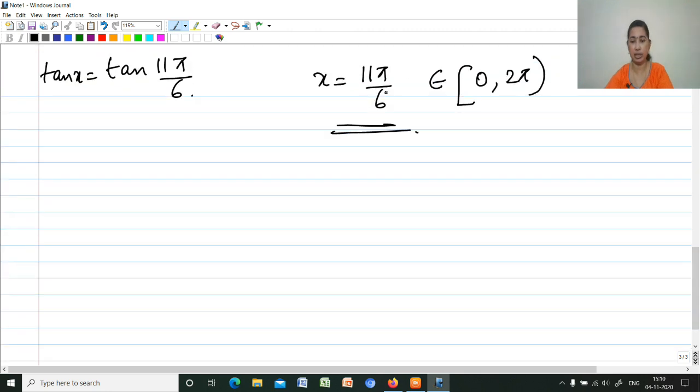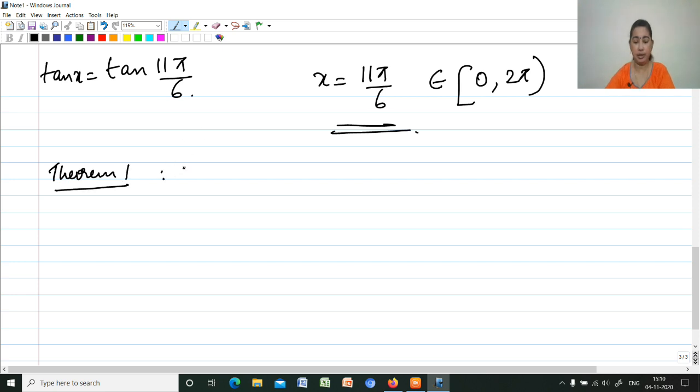If you take the next one, it will move out, because now itself it is 11 pi by 6, so the next number will be more than that. So these two are the solutions. Now in order to find the general solution, we have to learn three theorems. Theorem 1.